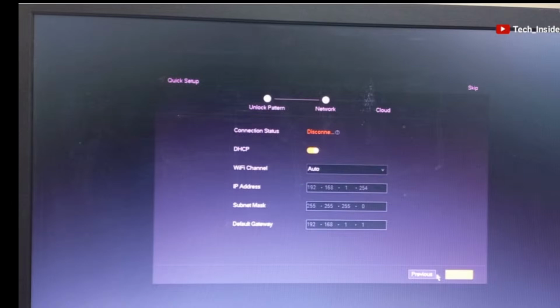The IP address of the NVR at that time, when you come to the IP address column, was .254 or so, and that was the IP address on the NVR at that moment.